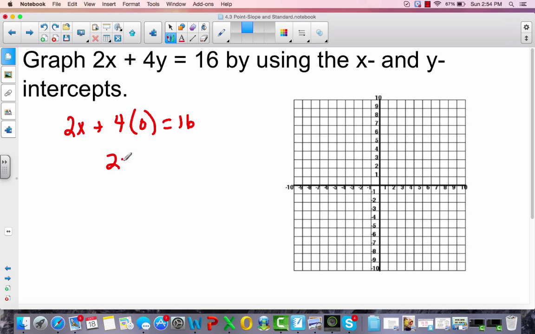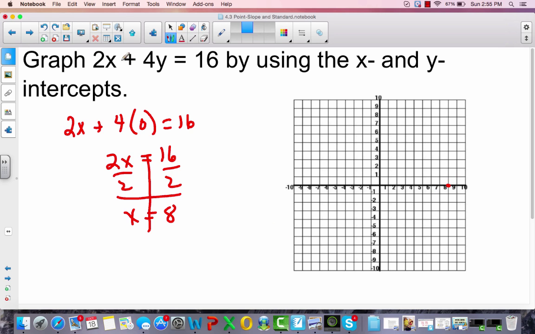That gives us 2x = 16, because this becomes 0. Divide by 2, divide by 2. That gives us x = 8. So we come over here and we put a dot at x = 8.